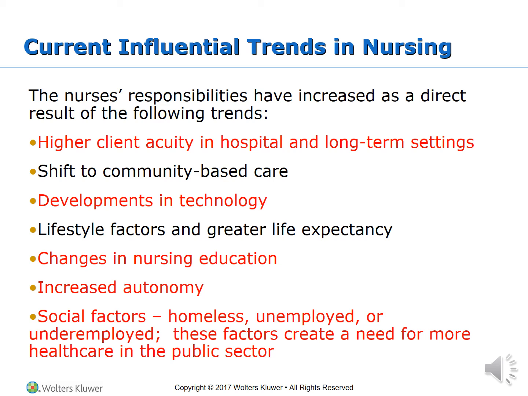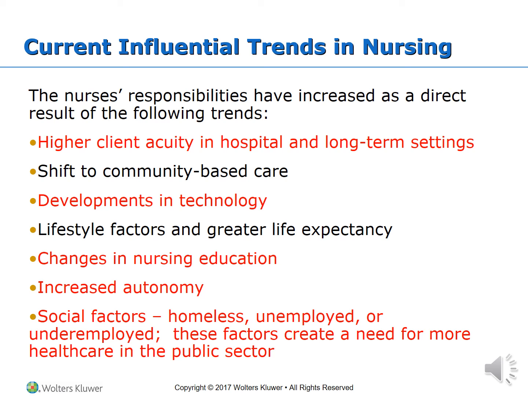The current influential trends in nursing: the nurses' responsibilities have increased as a direct result of the following trends: higher acuity in hospitals and long-term settings, a shift to community-based care, and developments in technology. Technology has improved over the years, so nurses, clients, and family members often have to learn to operate highly sophisticated equipment to manage conditions in the home.